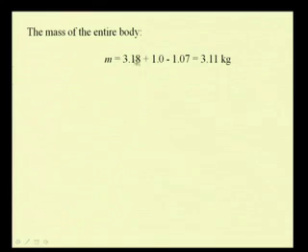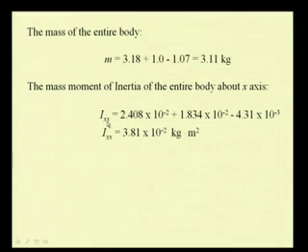So, first we determine the mass is 3.11 kg, and next we determine the second moment of inertia. We sum the components corresponding to the prism base and the semi cylindrical feature and negate the second moment corresponding to the hole feature. So, we get Ixx as 3.81 into 10 to the power of minus 2.